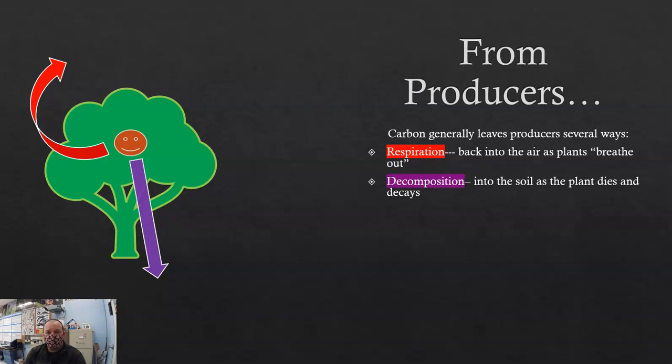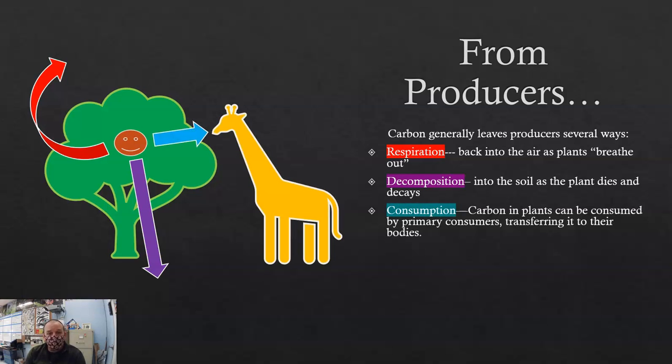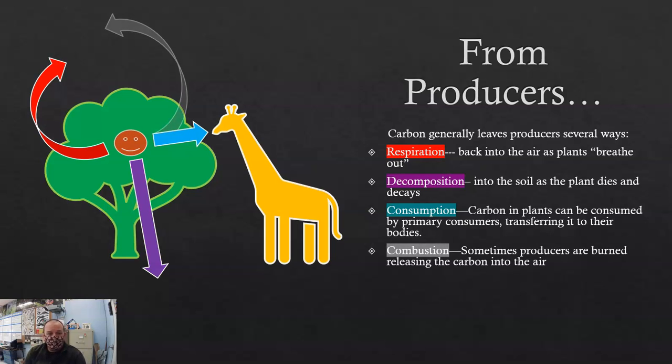If the plant dies and goes into the soil, this carbon atom can get buried down in the soil. It can also be consumed by a primary consumer, where the carbon moves from the producer right into the body of that primary consumer. And finally, though this doesn't happen all that often, that same plant can actually burn, and this process is combustion, where the plant burns and it's released up into the air.